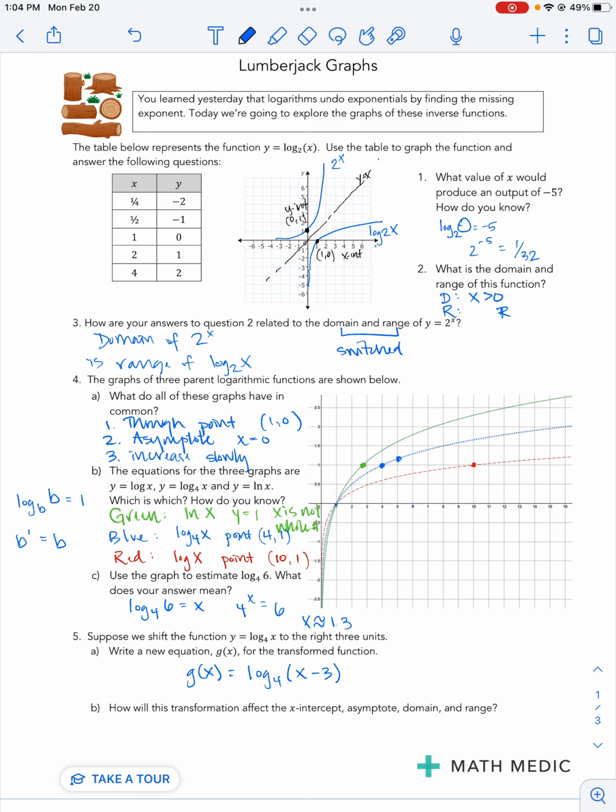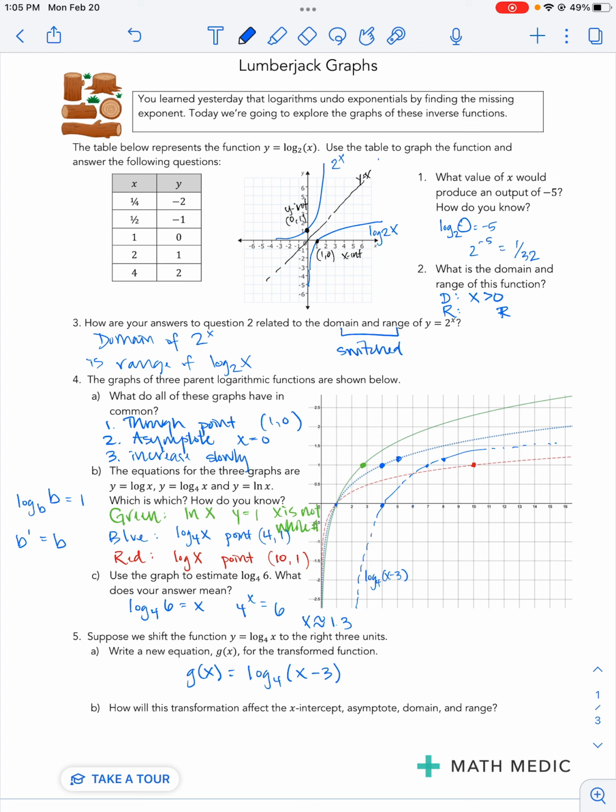This blue graph is going to shift all of those points 3 units to the right. And here, roughly, is my graph of that transformation, log base 4 of (x minus 3).